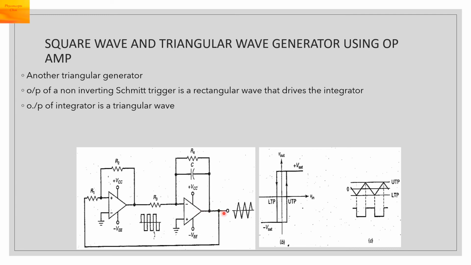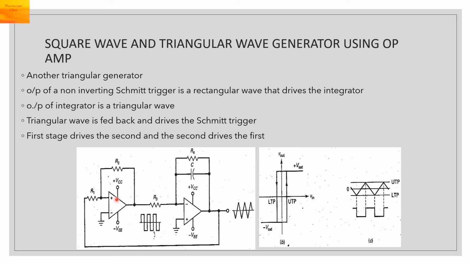And the output of the integrator is a triangular wave. The triangular wave you can see is again fed back, which drives the Schmidt trigger. So here the first stage drives the second and the second stage drives the first one.